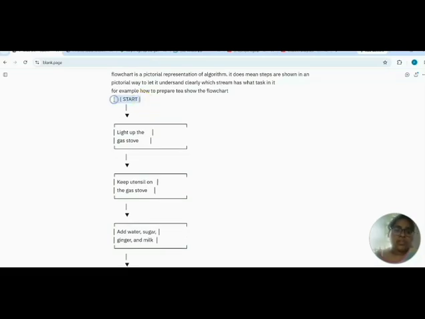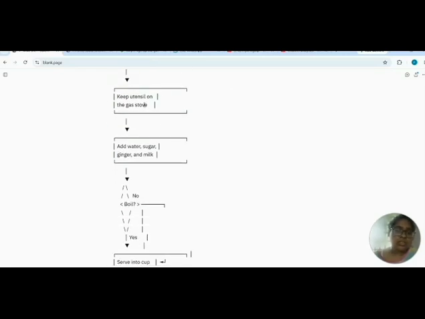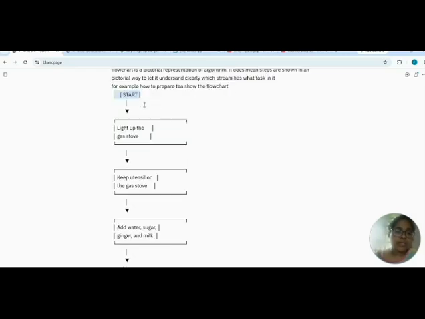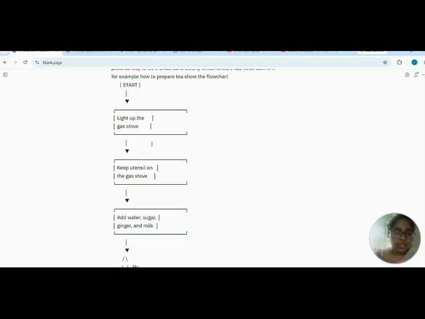So the first step is start, second light up the stove, and then keep utensil on the gas. Whatever arrows you can see here are known as flow lines in the flowchart, showing the flow of the algorithm.